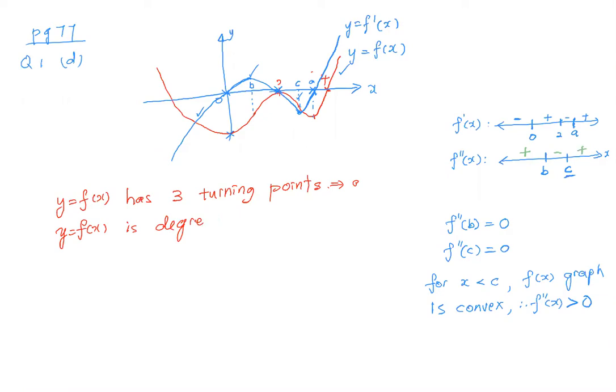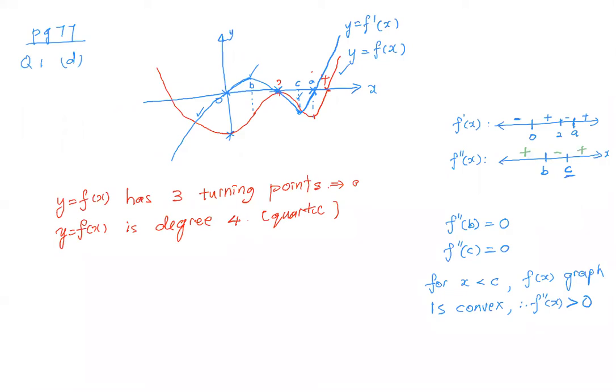Cubic? No, it cannot be cubic. Cubic only has 2 turning points. Quadratic has 1, cubic has 2. 3 turning points? Quartic, degree 4.